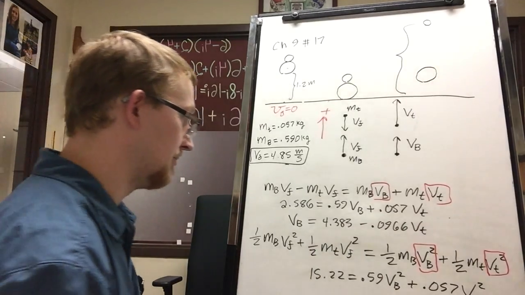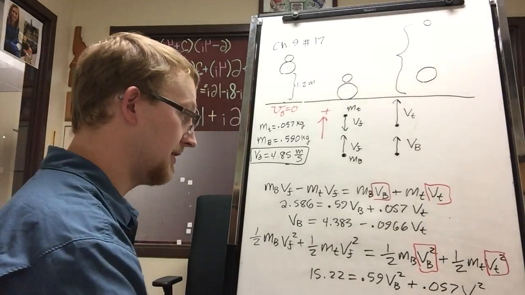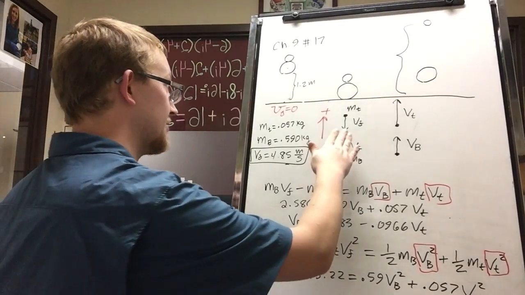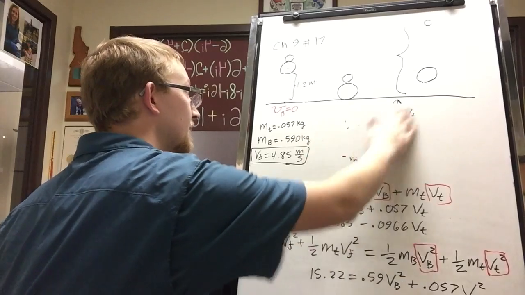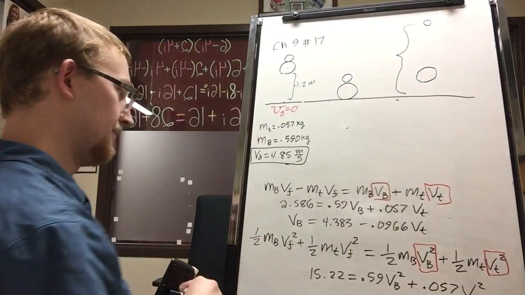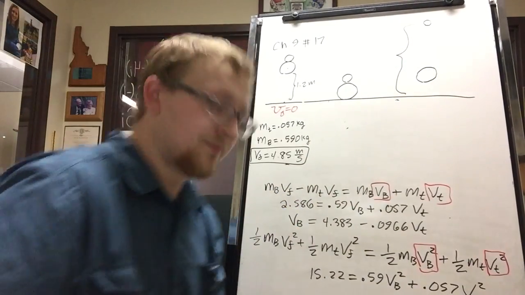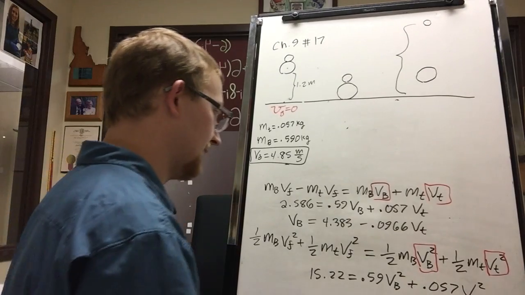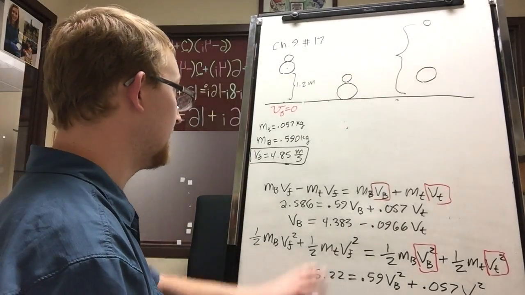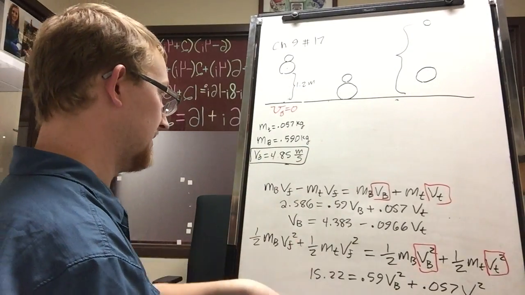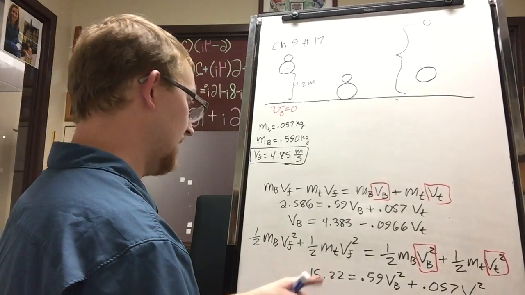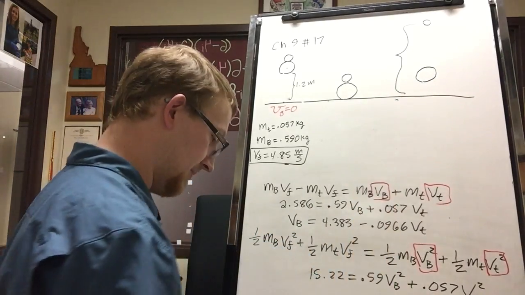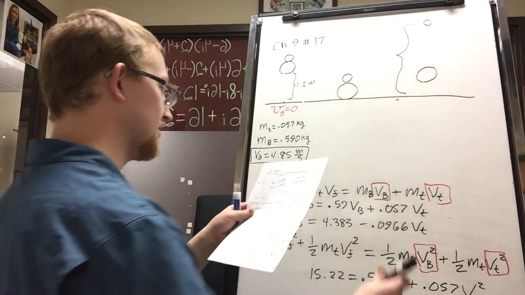Alright, so now I'm going to go ahead and plug that into this equation right here, our energy equation. I'm going to make some room up here. Alright, so I'm going to plug this into the energy equation. And what I end up getting, I'm not even going to do it. I'm just not going to do it.